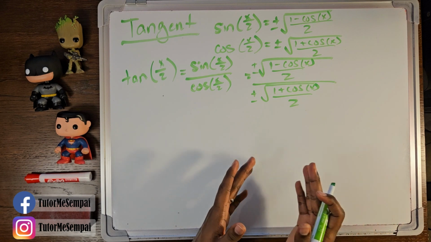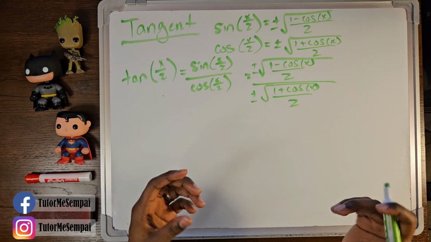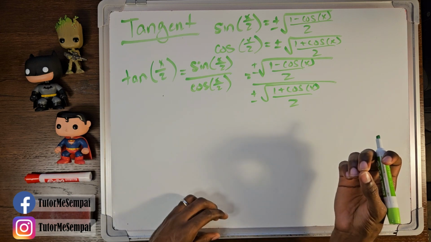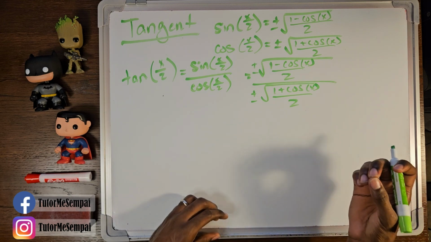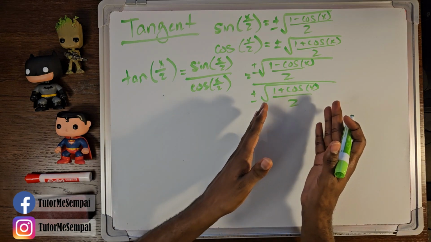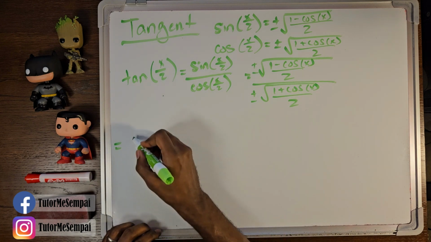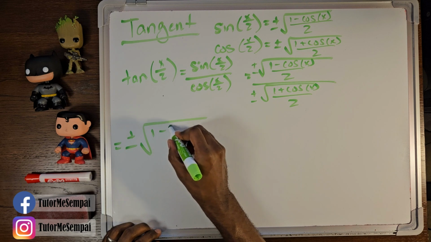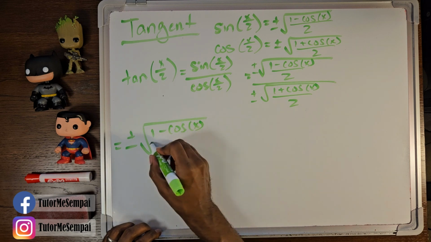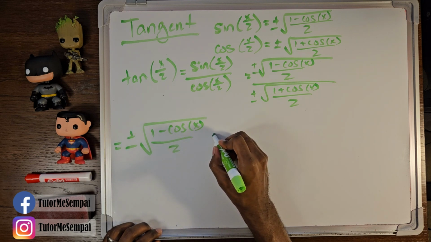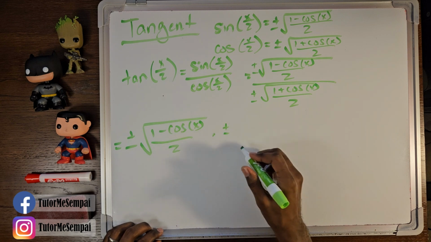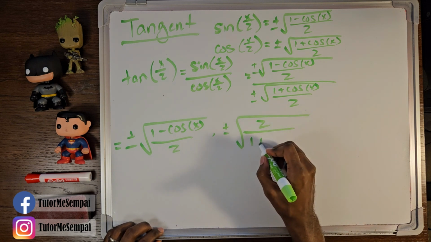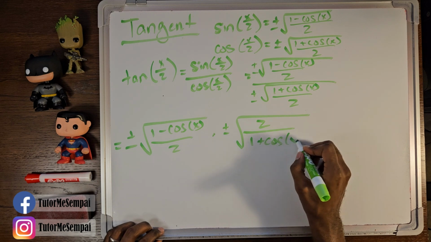But we can simplify this a little bit because whenever we divide by a fraction, you're technically multiplying by the reciprocal. So we can rewrite this to be plus or minus the square root of 1 minus cosine of x over 2, times plus or minus the square root of 2 over 1 plus cosine of x.